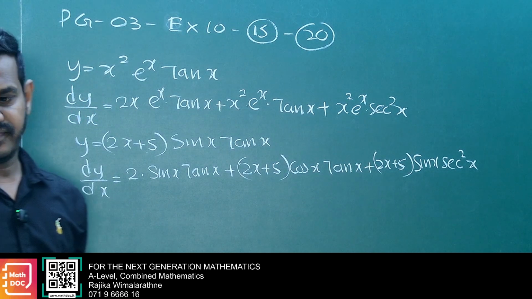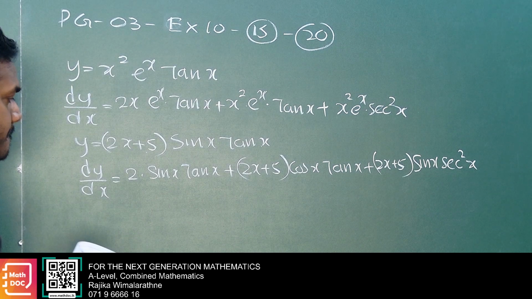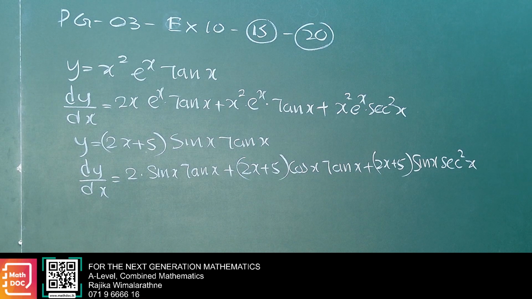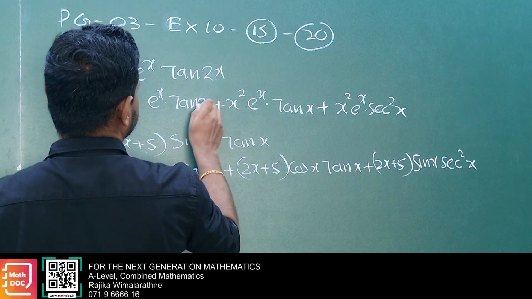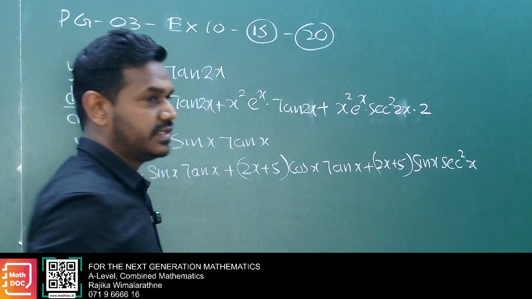Do alone. Here, first tan 2x: tan 2x sec squared 2x times 2, function of a function type. Continue.